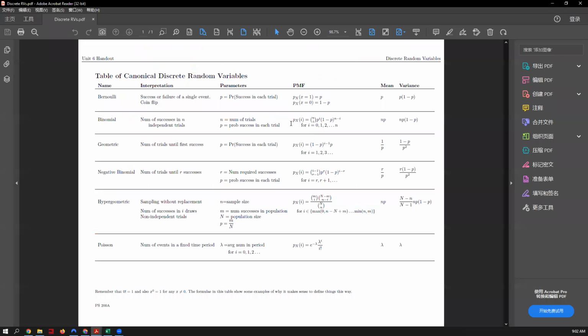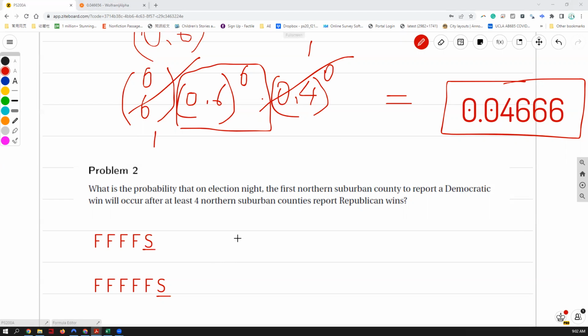The formula is simply the number of failures times the final success, right? So I want 4 failures, so 0.4 to the 4th power times the final one is a success, or I have 0.4 to the 5th power, 5 failures first, and then a success, right?